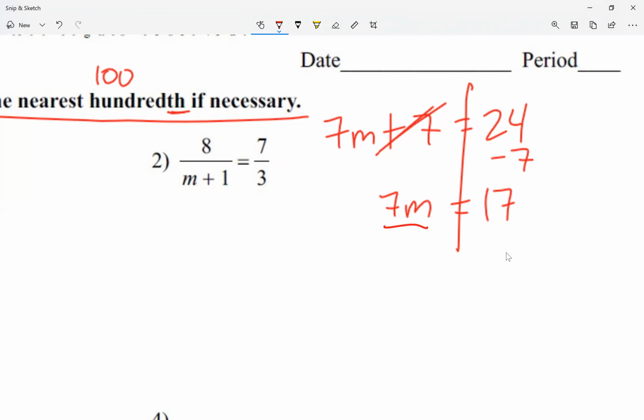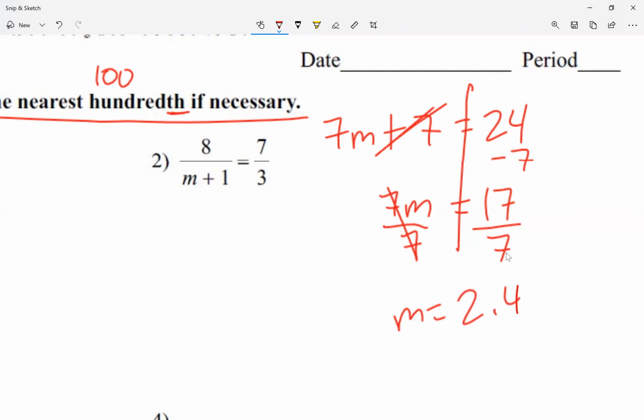Now to get the m by itself, let me divide by 7, because the 7s will cancel out, so it's 1. 1m is basically m. 17 divided by 7, according to my calculator, I get a big decimal: 2.428571429. Okay, a bunch of decimals.